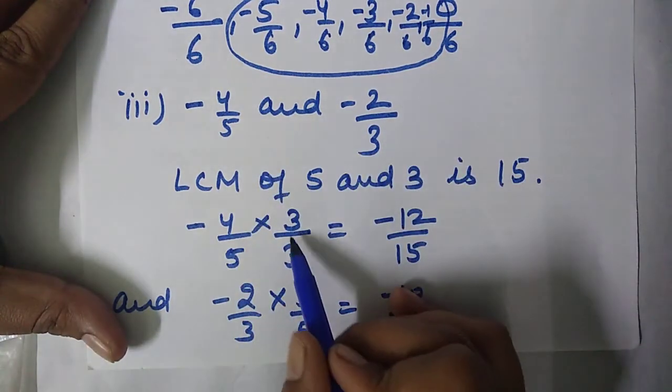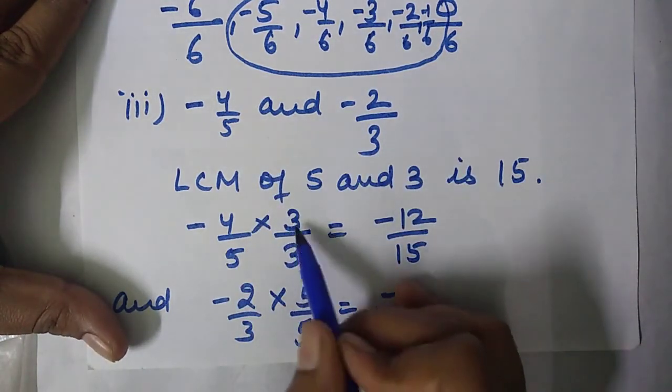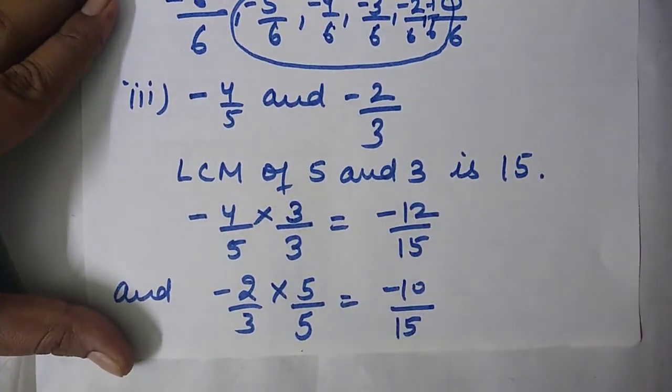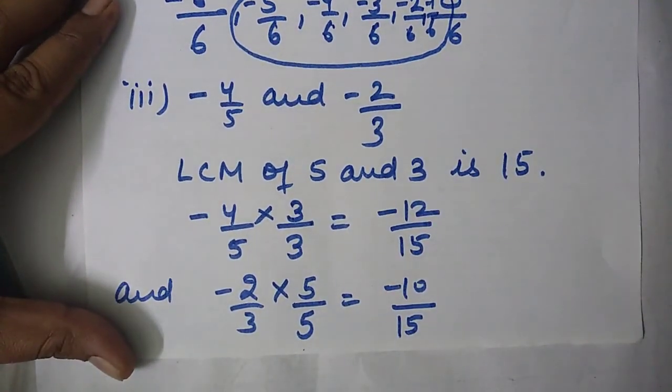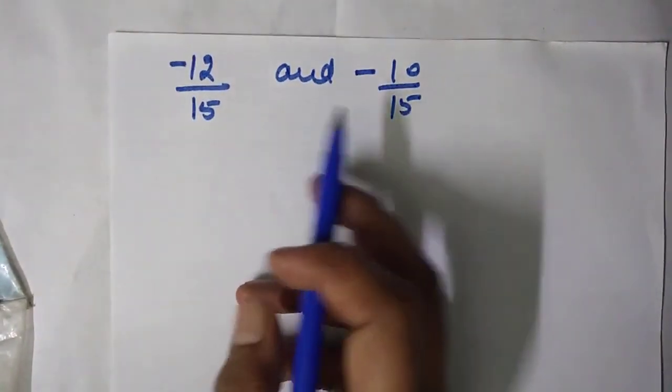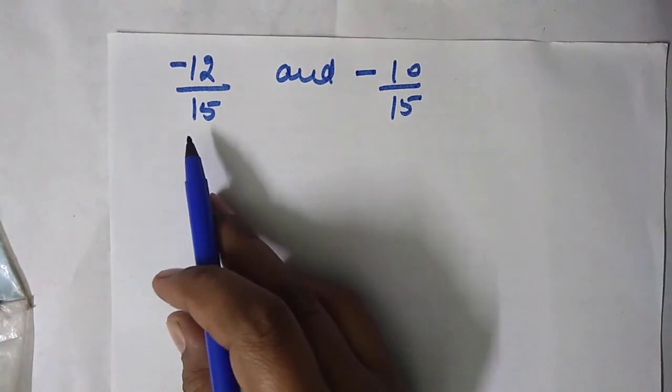For the first fraction I multiply both numerator and denominator by 3, and the same for the second fraction I multiply by 5. Now these are the rational numbers we got after making the denominators the same.